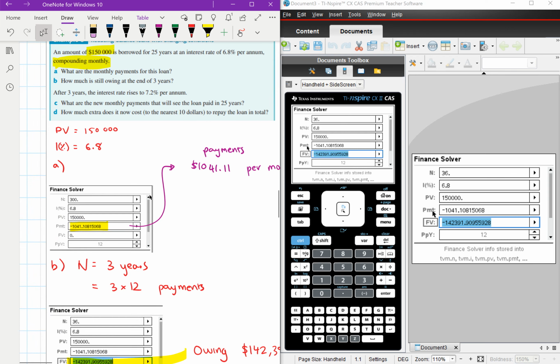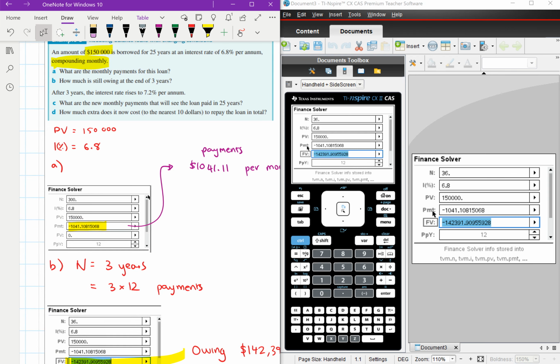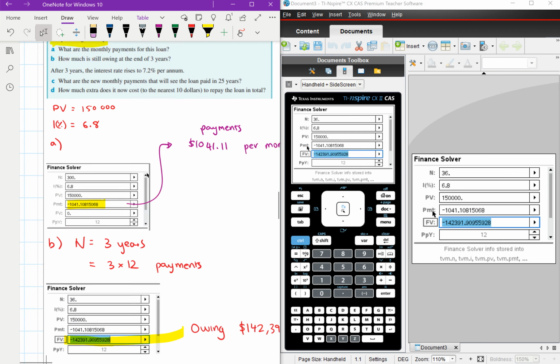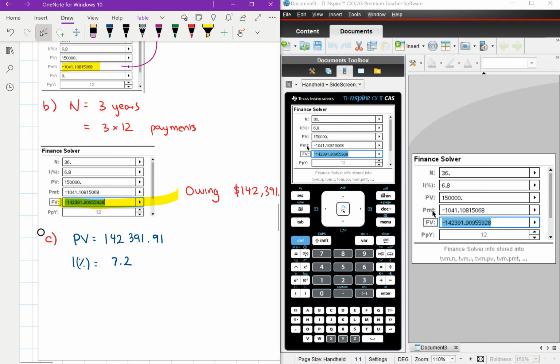The question's asking, what are the new monthly payments that will see the loan paid in 25 years? So I still want to pay this off in 25 years, okay? So what would I do in this case here? I simply go back and say, all right, well, after 3 years, how many years left do I have?